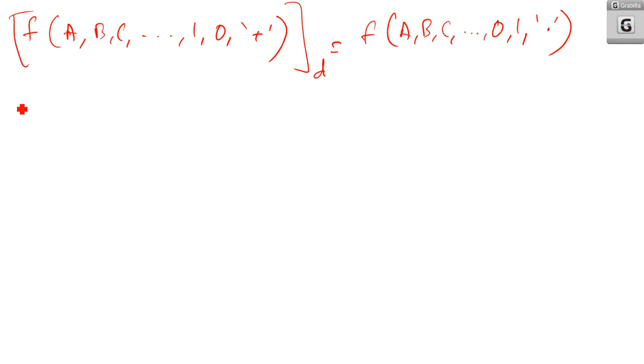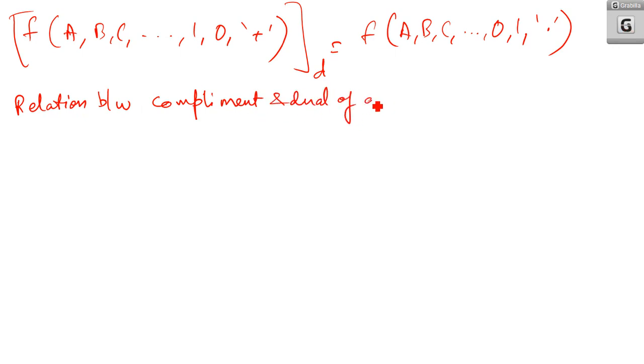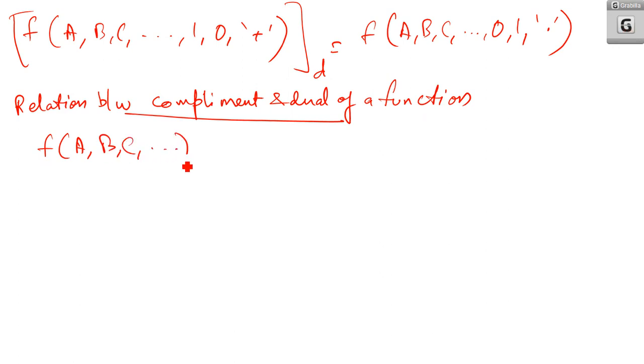Now, the relation between the complement and the dual of a function is like this. Suppose you have a function f of A, B, C, etc. Let fc be its complement.